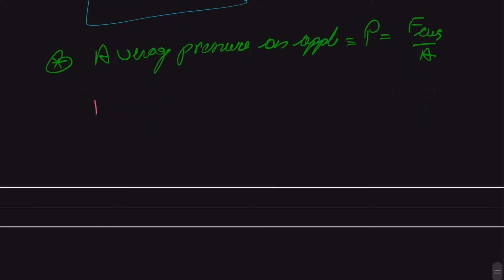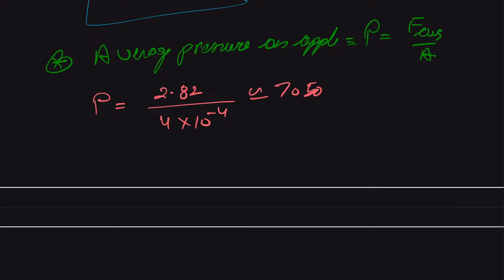So we get pressure P equal to 2.82 over 4 into 10 to the power minus 4. Approximately it will be coming as 7050 Pascal.